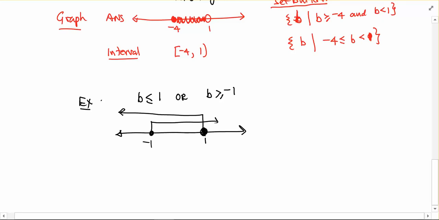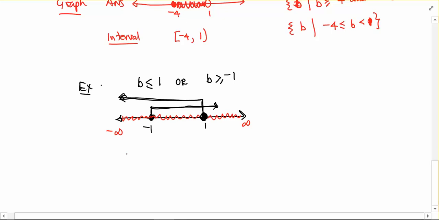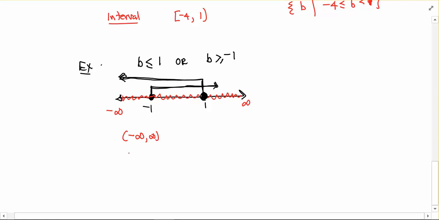Now, if you put these two answers together, notice that you get the whole number line, because the first one takes you all the way to -infinity, and the right one takes you all the way to +infinity, and they overlap in the middle. So the actual answer starts at -infinity and ends at +infinity. The actual answer region would be this in red. So the interval notation would be -infinity to +infinity, and for set builder, you could say b and all real numbers.